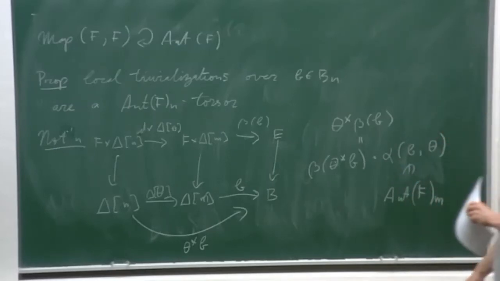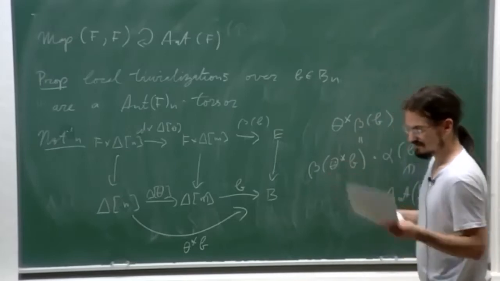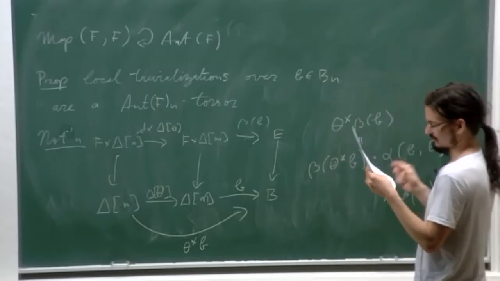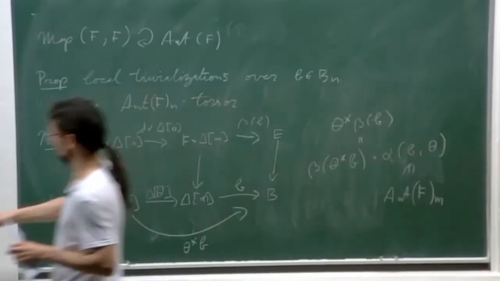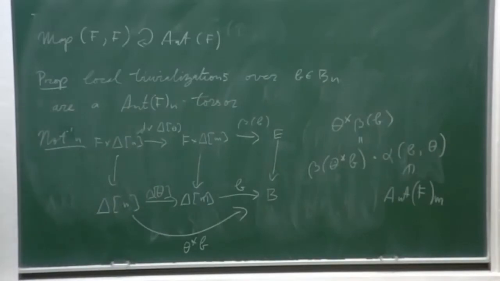And then we can use these transition maps to say when an atlas is regular. Basically, you'll want it to be trivial with respect to as many simplicial structure maps as possible.